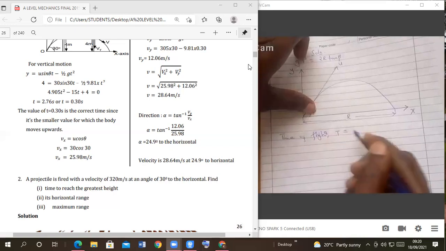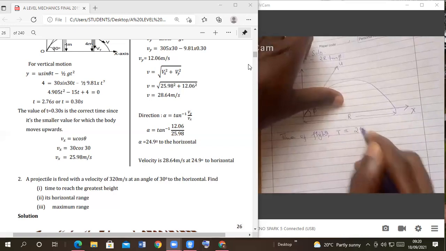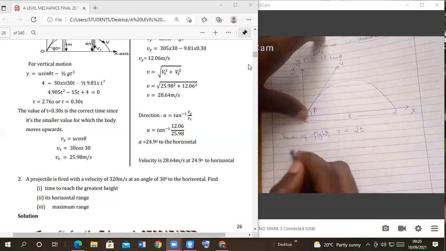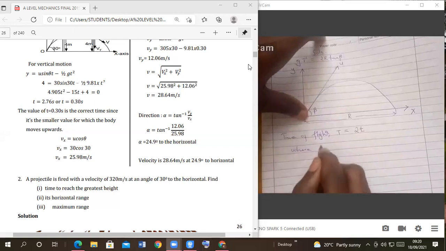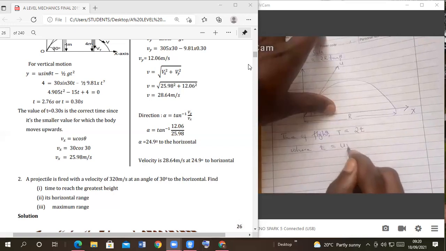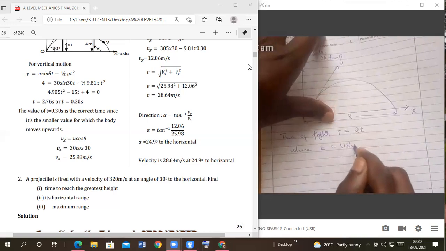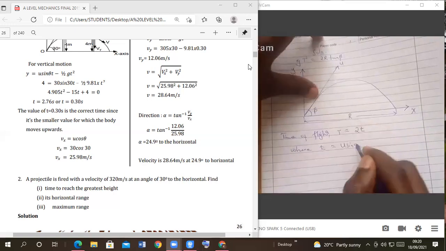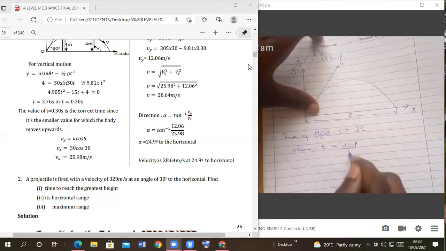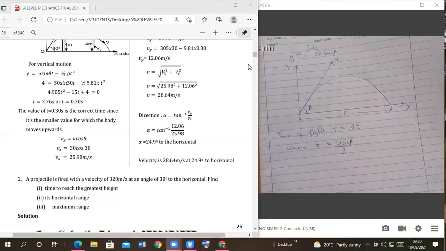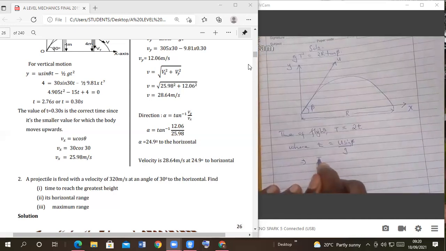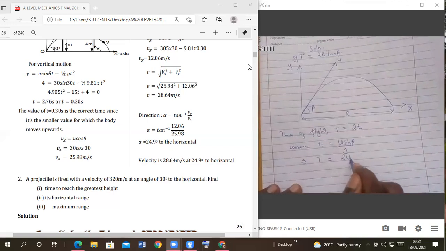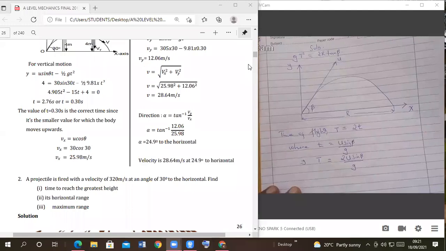We said time of flight is 2t, where t is equal to u sine beta over g. The angle now is beta. This implies that our time of flight will be 2u sine beta over g.